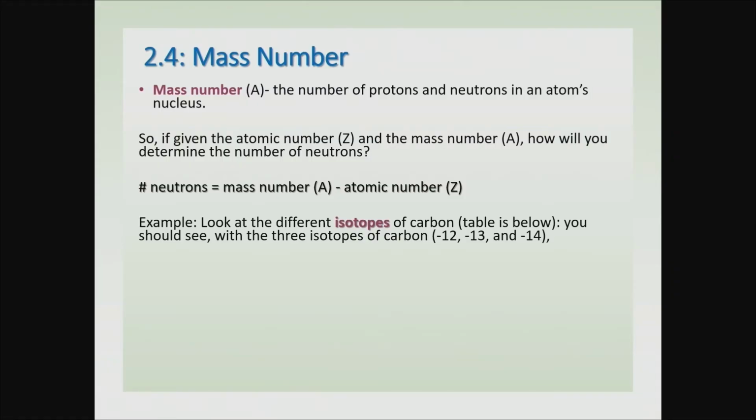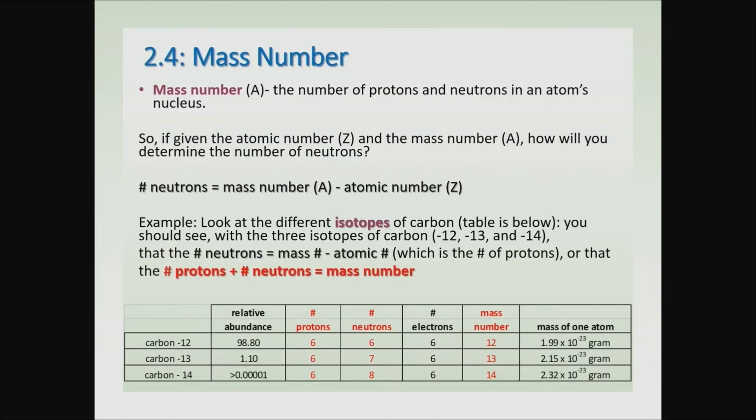Figuring out the number of protons is pretty easy. The number of protons is just equal to the atomic number for that element. But how do you figure out the number of neutrons? To figure out the number of neutrons, you take the mass number for that atom and subtract the atomic number from it, and that gives you the number of neutrons.